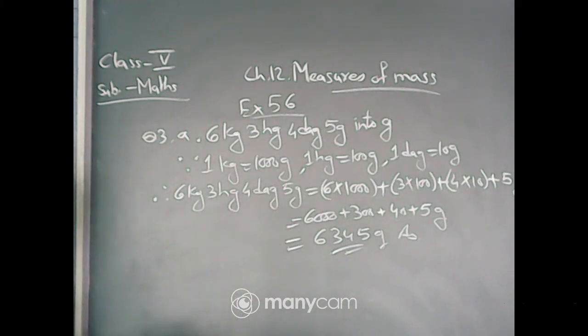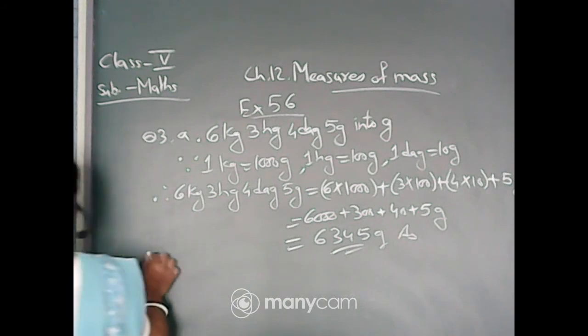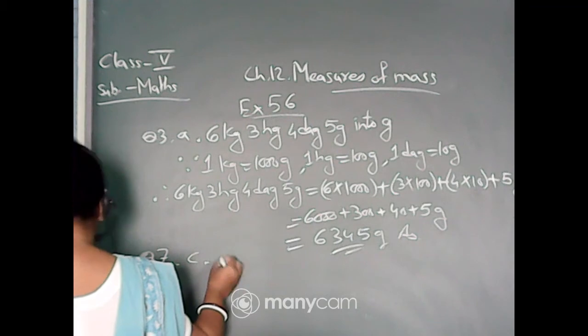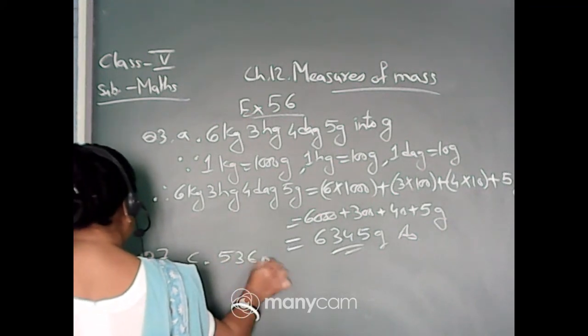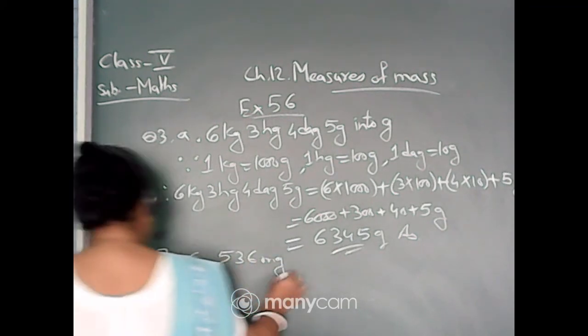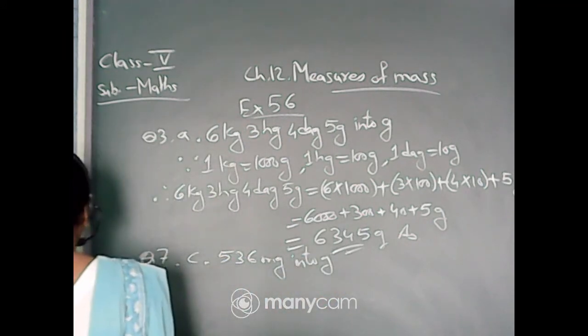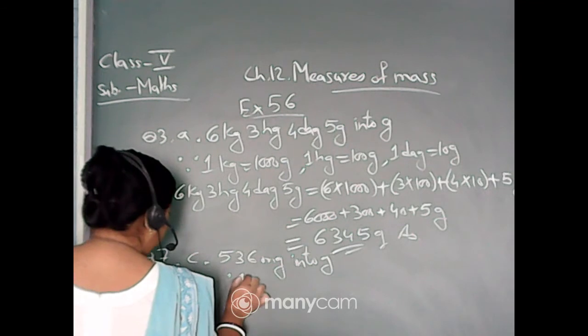Now come to question number 7. Convert from milligram to gram. Number 7 C. 536 milligram to gram. As you know, here we are going from lower to higher units, so we have to divide it. So what you will write?